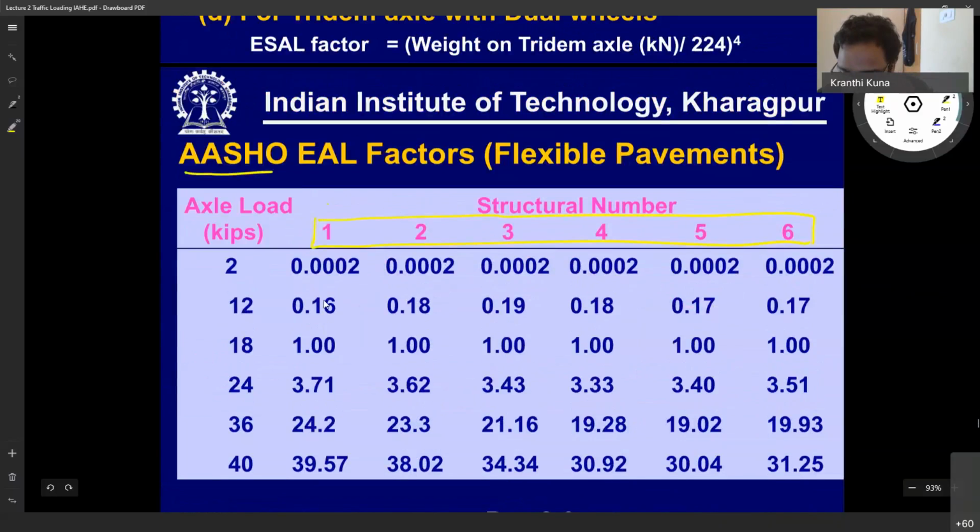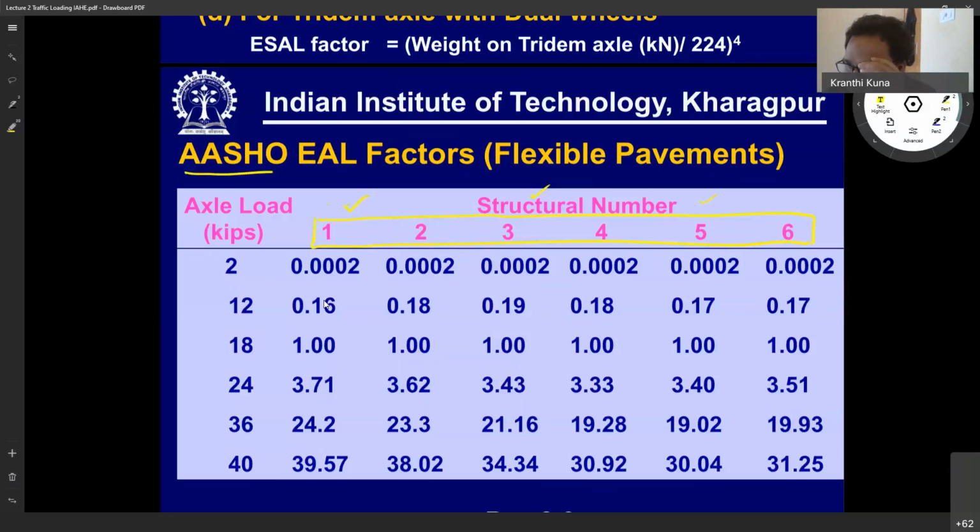Hope that is clear. So in the AASHO road test, they constructed pavements with different thicknesses. Assume the structural number is actually slightly different, but for now assume it is the same as the thickness.